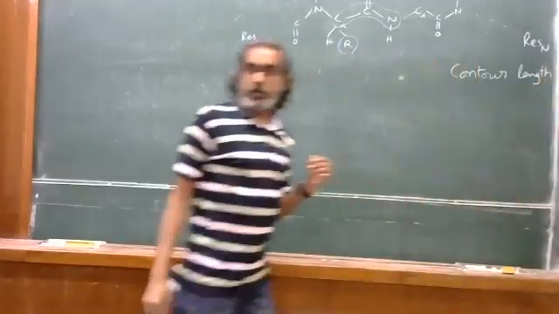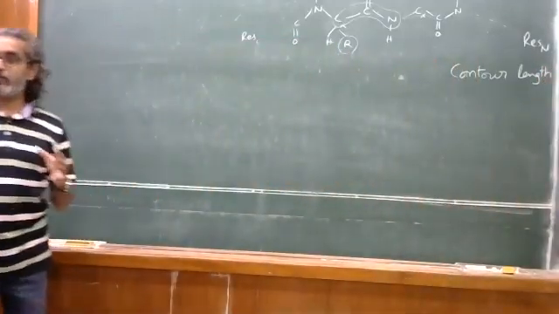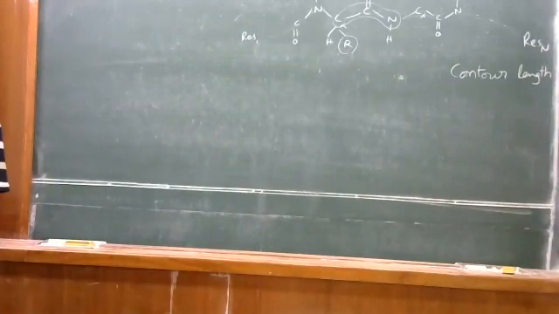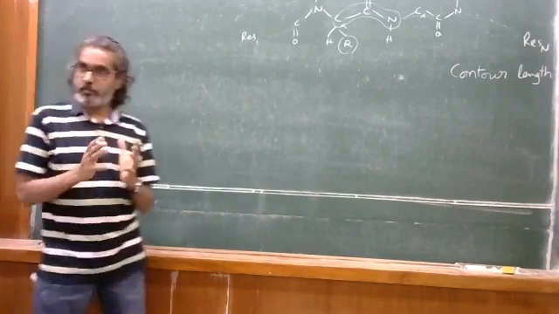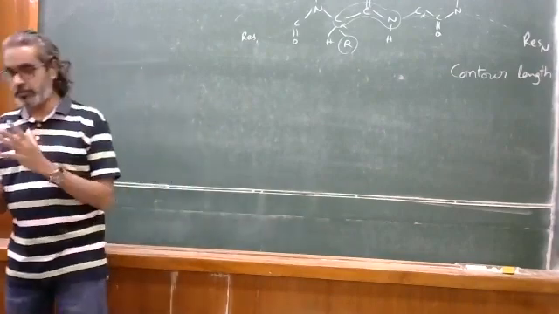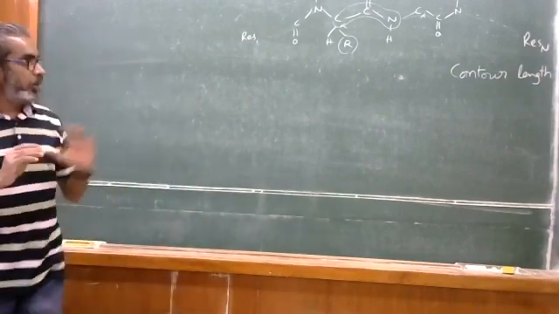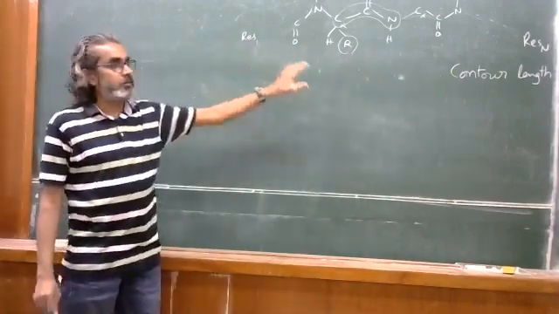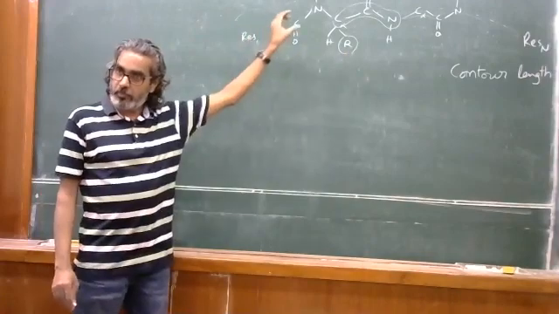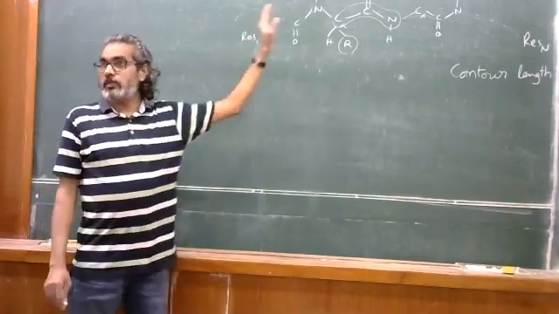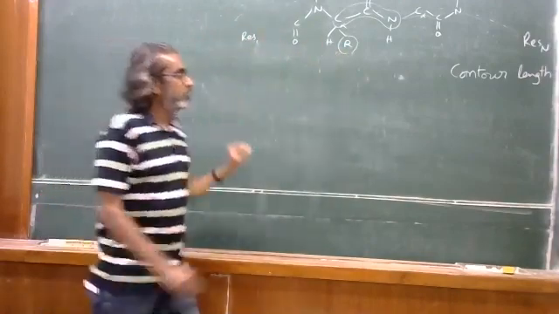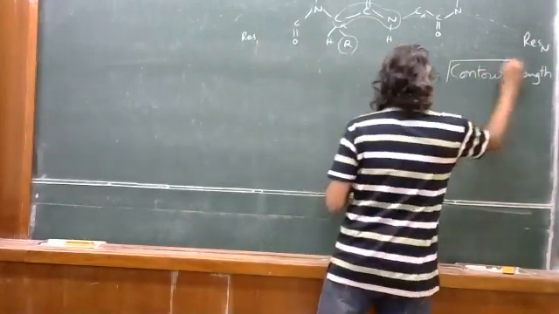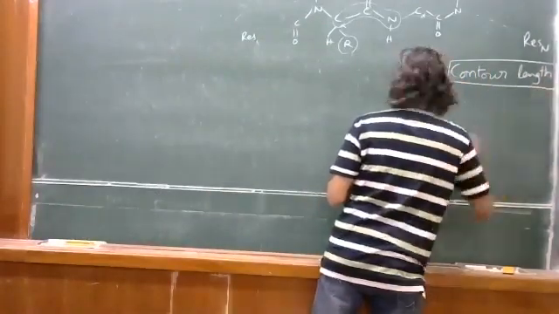So this contour length is independent of the size of the protein, whether it is folded or unfolded or any other intermediate conformation, whether it's elongated or globular. It's truly independent of that, because you are calculating this length only along the backbone, walking from residue 1 to residue n.